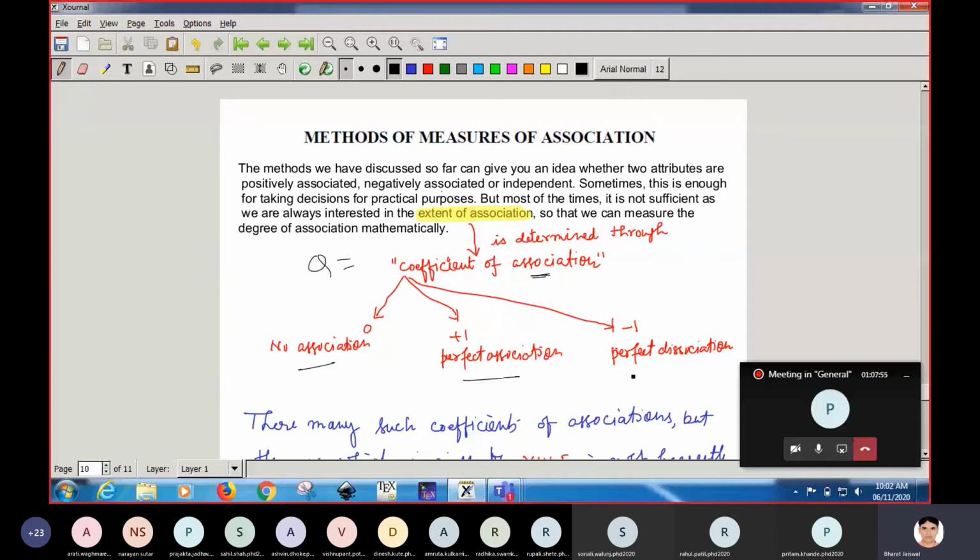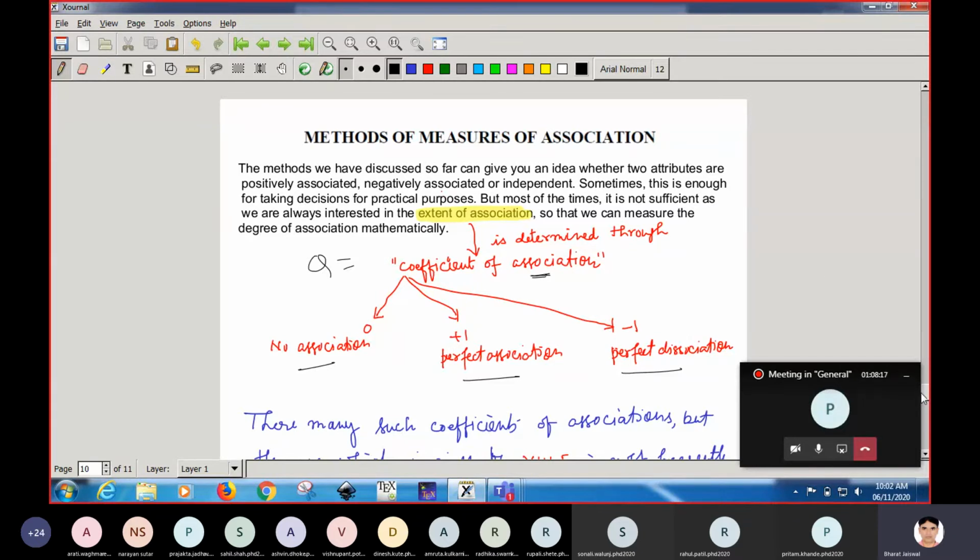If -1, then it is perfect dissociation. If the value lies between, there are different methods. Different scientists have given their methods.